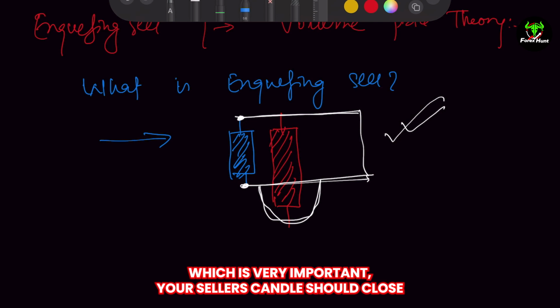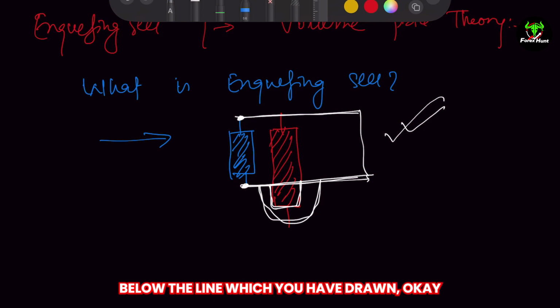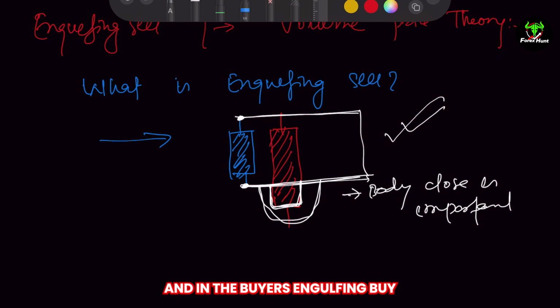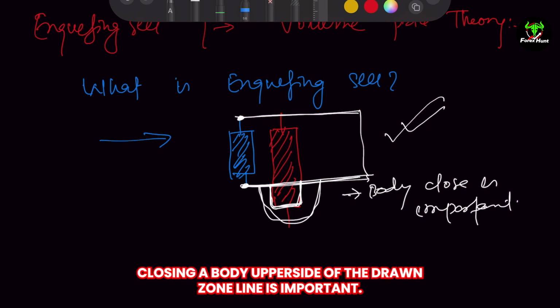Your seller's candle should close below the line which you have drawn. This body close is very important. And in engulfing buy, the body closing on the upper side of the drawn zone line is important.